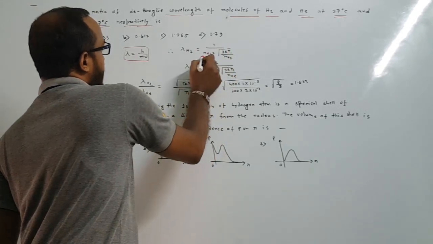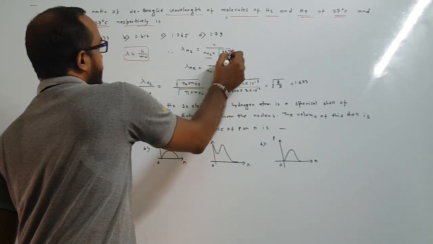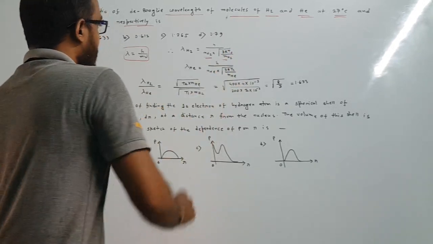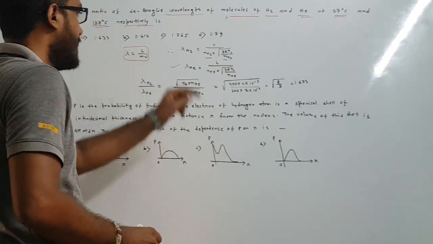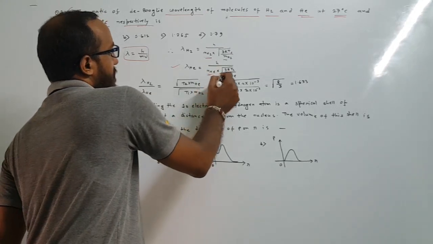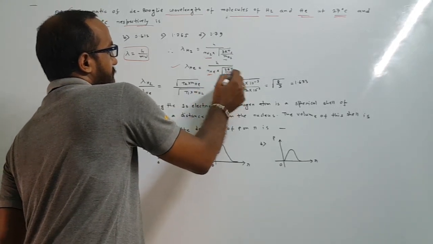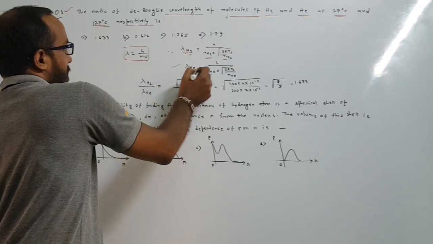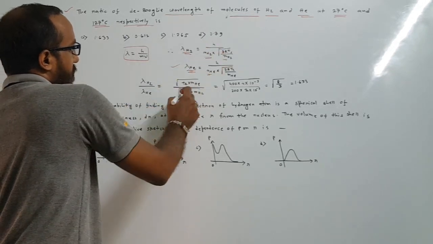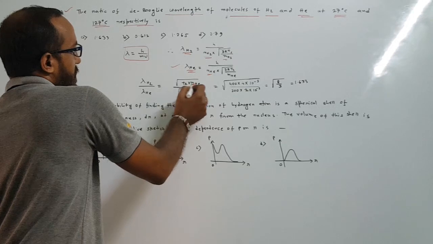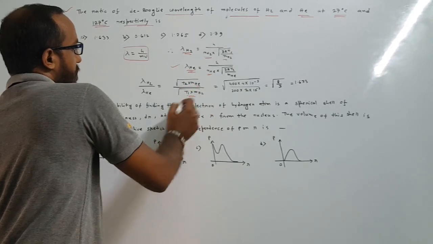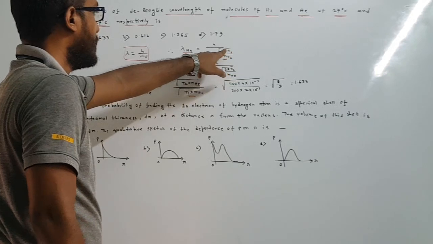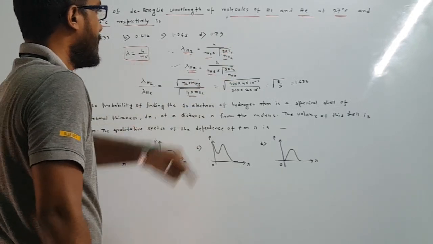So this would be h by m hydrogen, root under 3R T1 by m hydrogen. And in the same manner, lambda helium would be h by m helium into root under 3RT by m helium. So divide lambda hydrogen by lambda helium, all the terms will go out, and you will only have T2 into mHe by T1 into mH2. And put mH2 inside, so it will be mH2 whole square, mH2 will be cancelled out.